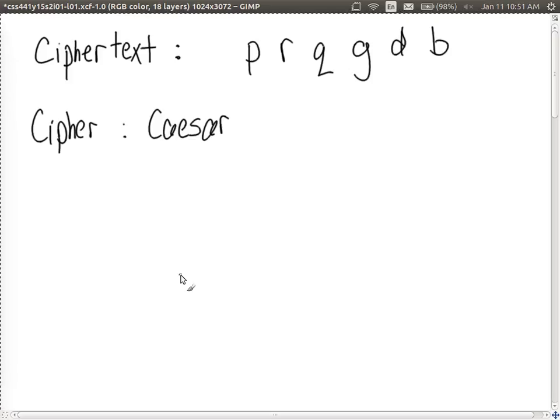It'll help you quickly work backwards to find out what the original plaintext was. What's the first letter of the plaintext? Z.